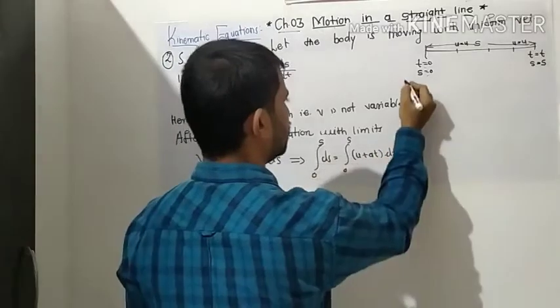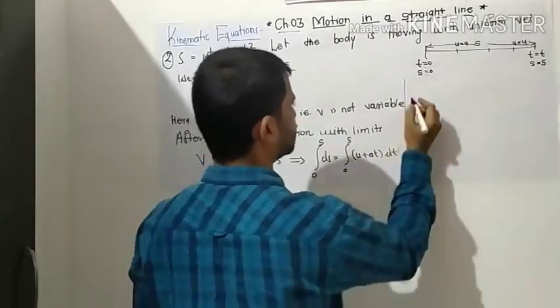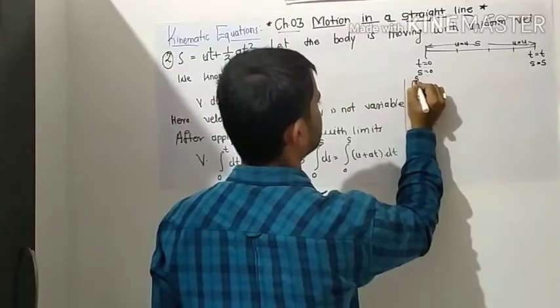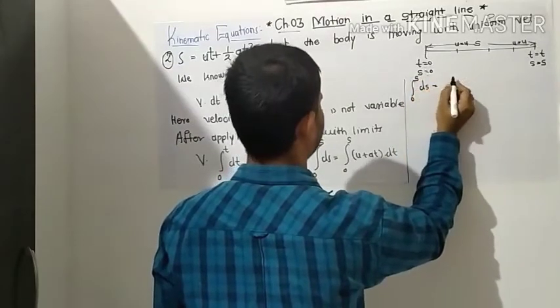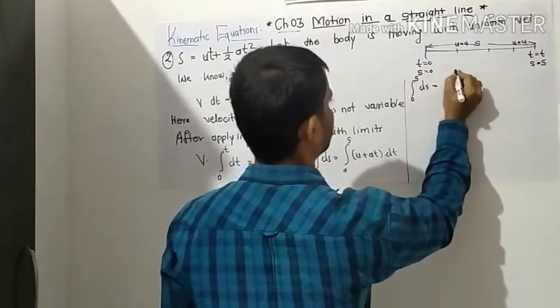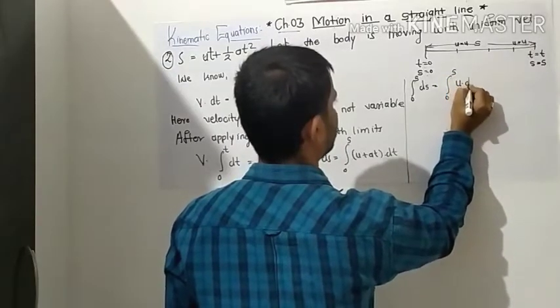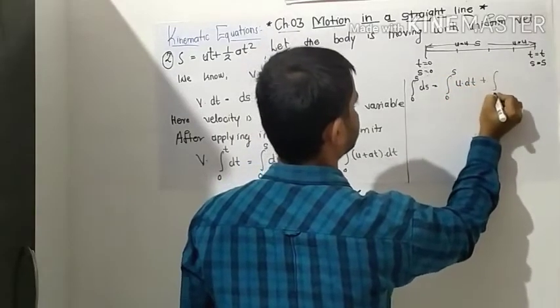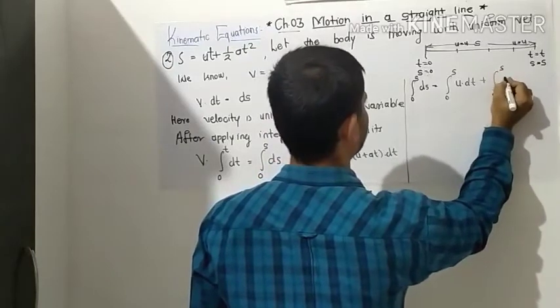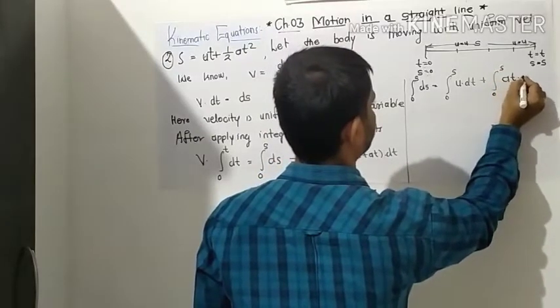If we take the integration of all these terms, we will get integration 0 to s of ds is equal to integration 0 to s of u dt plus integration 0 to s of at into dt.